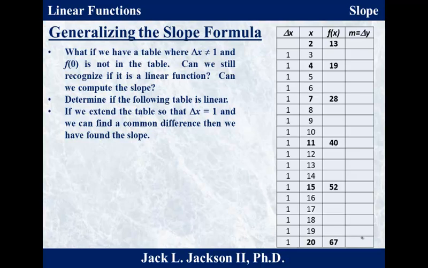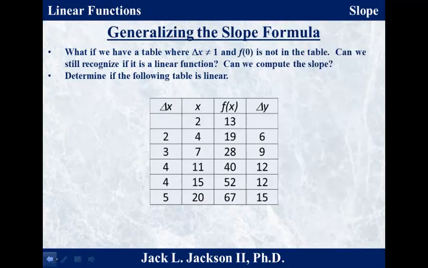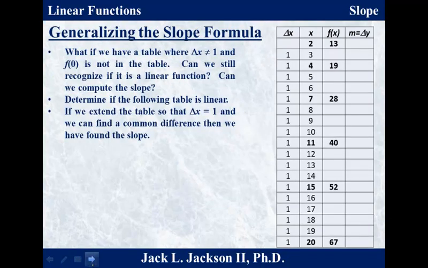Like in the last one, delta y can't be the slope here, because the delta y's aren't even the same, since I'm skipping around a little bit, not going up by 1. But if I go up by 1, then I know that delta y, if it is the same, is going to be the common difference, and it will be the slope.